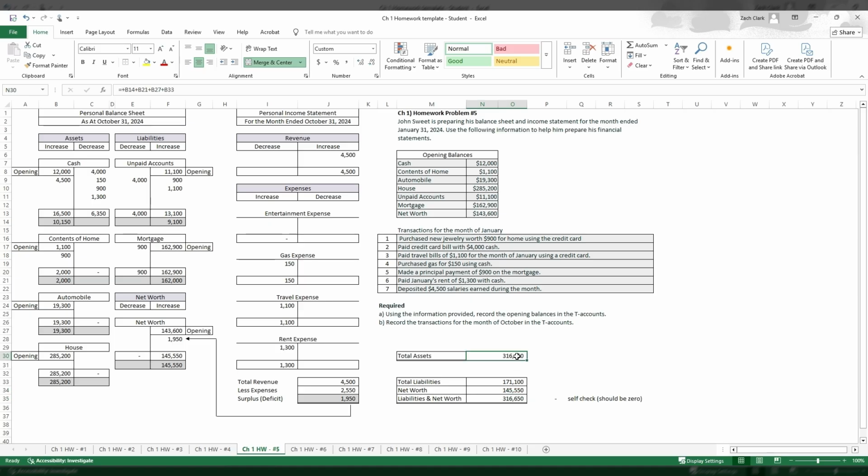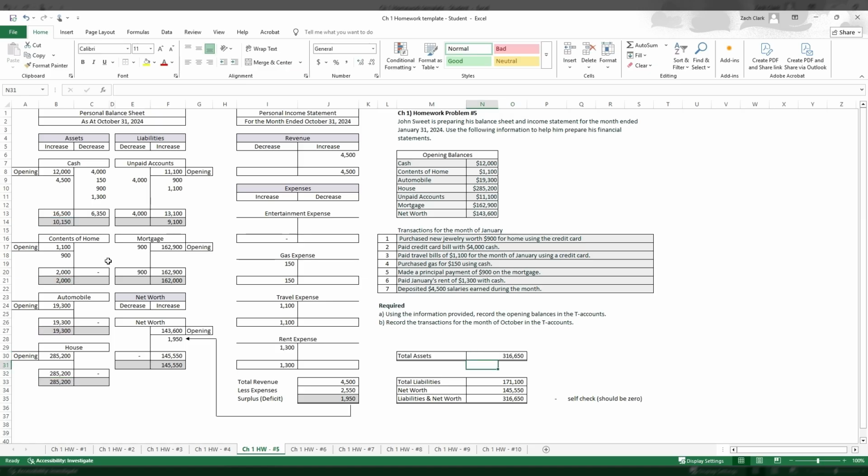And that indicates that our assets equal our liabilities plus net worth, and our accounting equation is in balance. We've got everything recorded for the month. Total assets, again, this formula is put into the spreadsheet here for you in this instance. What it's doing is adding all of the ending balances in the asset accounts.